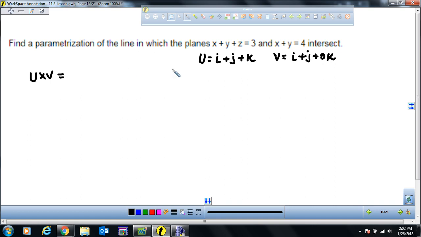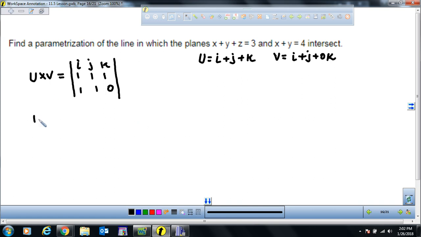So first of all, let's find the vector that is parallel to the planes, because these are perpendicular. We want the vector parallel to the planes to find the parametrization of the line. To get that, we're going to use i, j, and k and do the determinant form, which is 1, 1, 1 for u, and 1, 1, 0 for v.